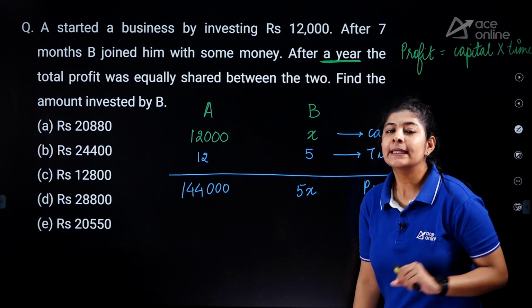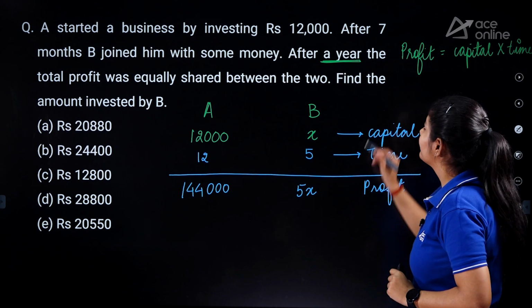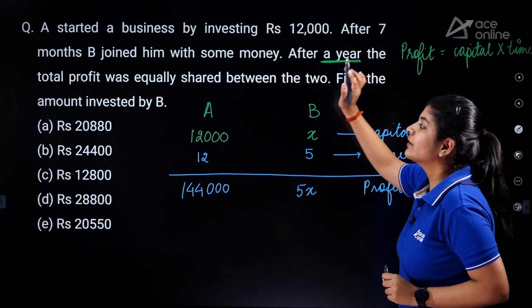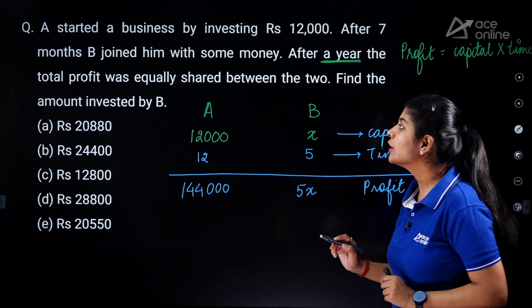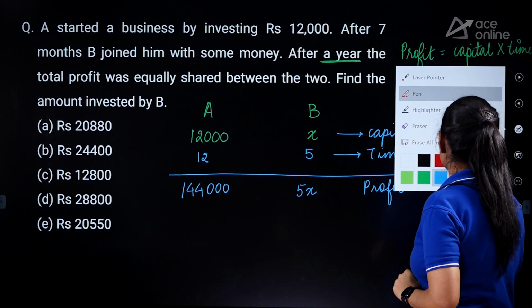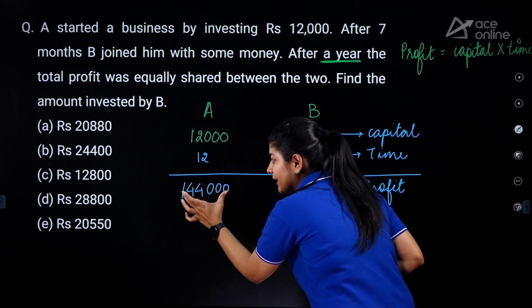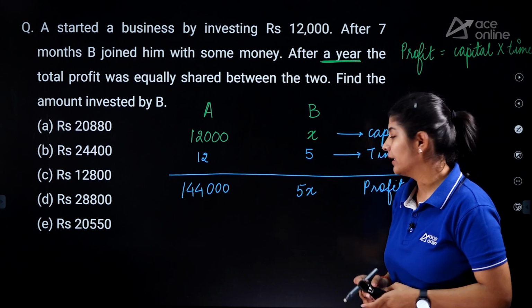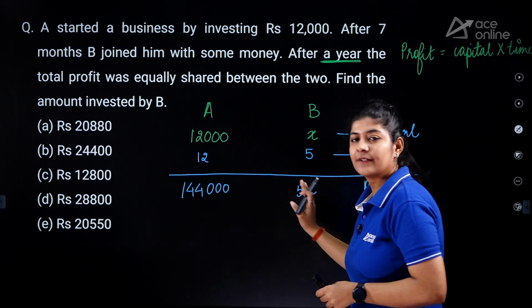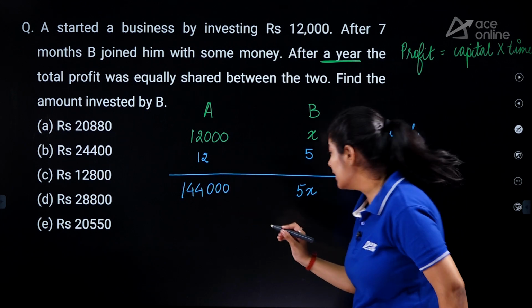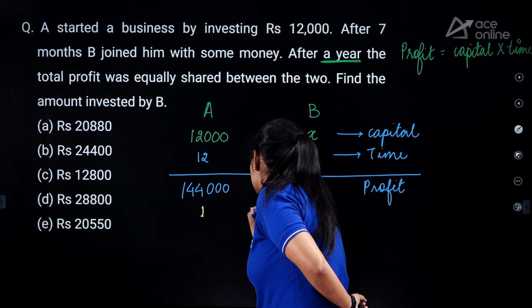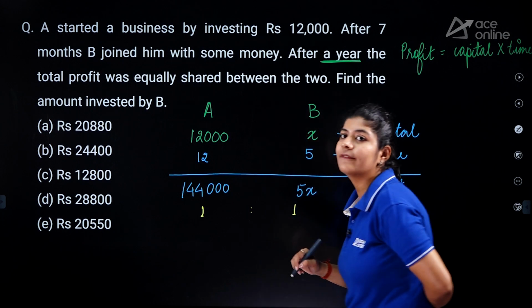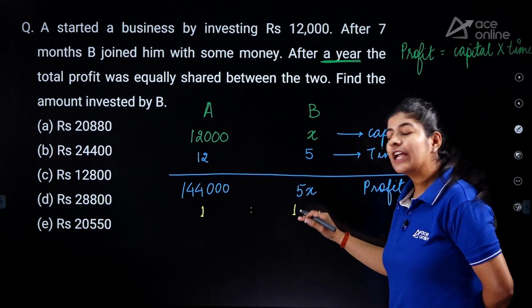But the question says that after a year, the total profit was equally shared. That means the values of these two particular things are exactly equal, because they are shared in the ratio of 1:1, or we can say that they are equally shared.